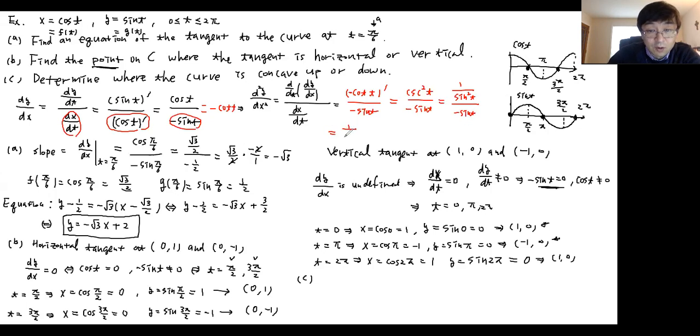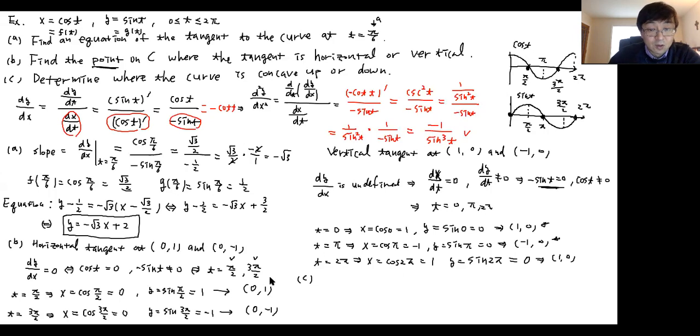Simplify: 1 over sine squared of t times the reciprocal of negative sine of t, which is negative 1 over sine cubed t. This is exactly the second derivative.